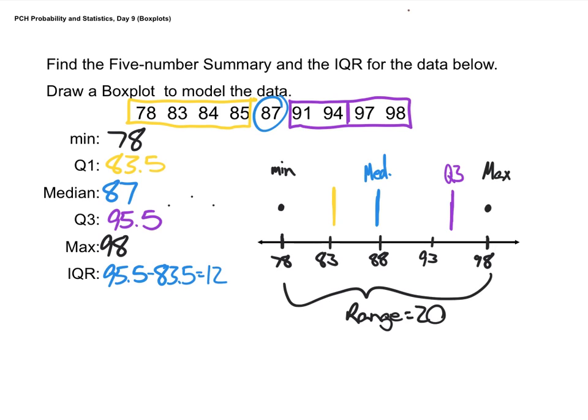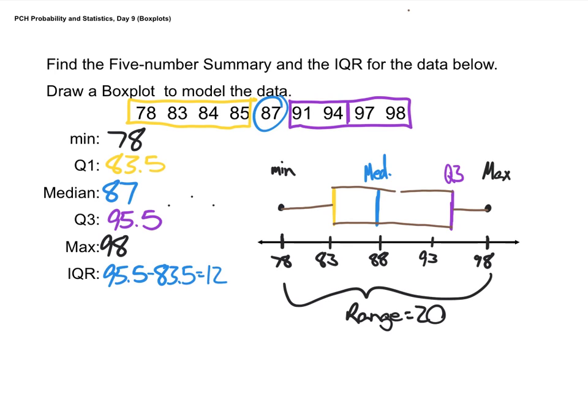We can finish drawing our box by connecting the tops and the bottoms of those vertical lines. We can draw the whiskers going from each side of the box out to the min and to the max. Yes, Sam? What do the whiskers show? The whiskers show us the bottom 25% and the top 25%.